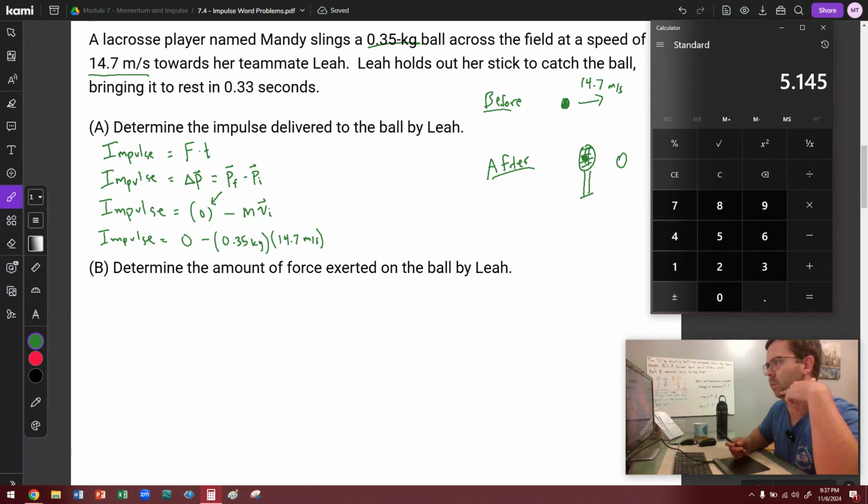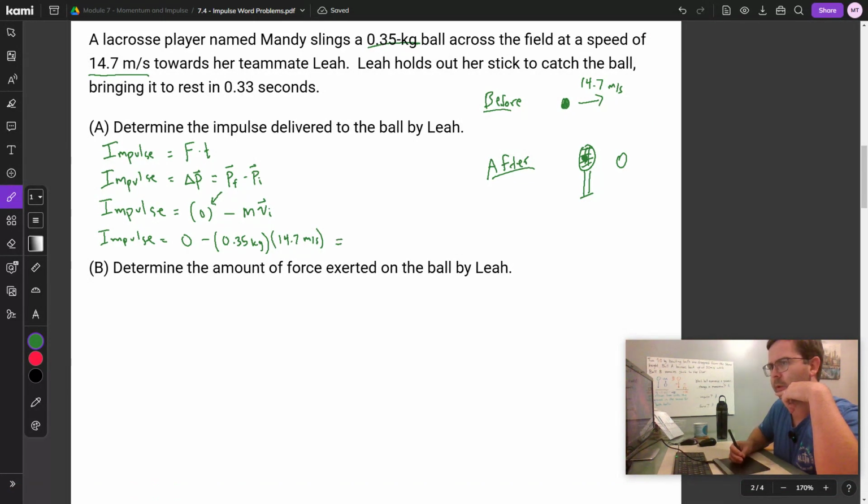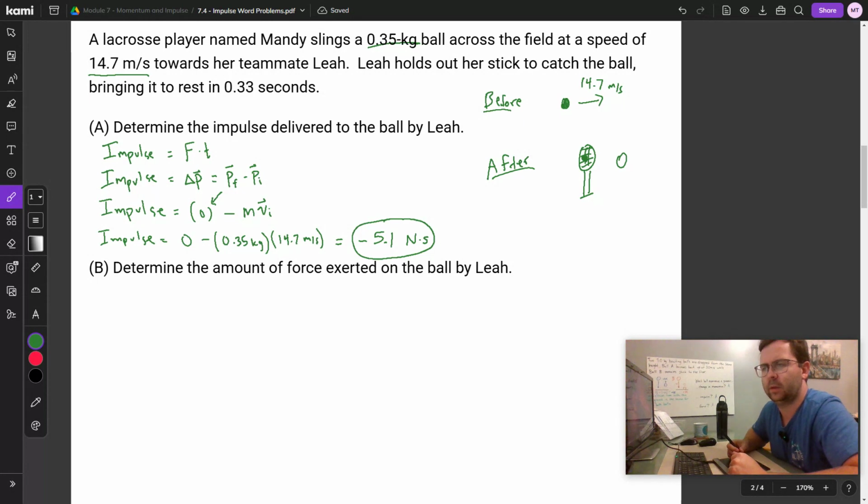So I'm going to round this down to 5.1. So 0 minus 5.1, that's just going to be negative 5.1 Newton seconds. This is the impulse and the change in momentum. Because impulse and change in momentum are equal to each other, as we see right here. So we found the change in momentum. That is the impulse, negative 5.1 Newton seconds.